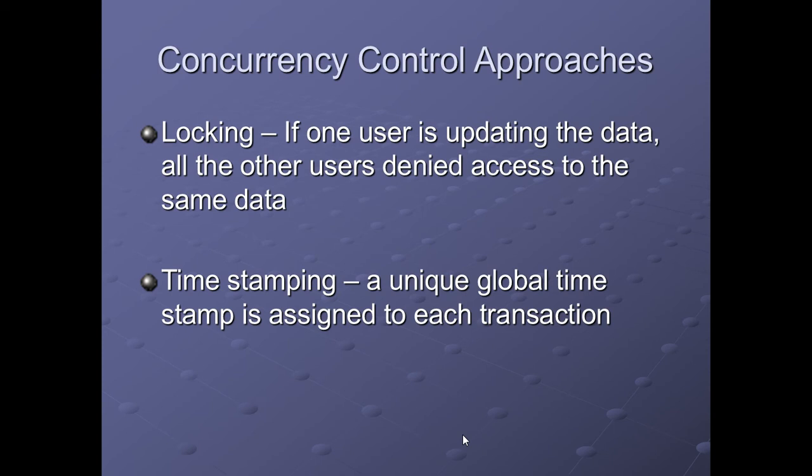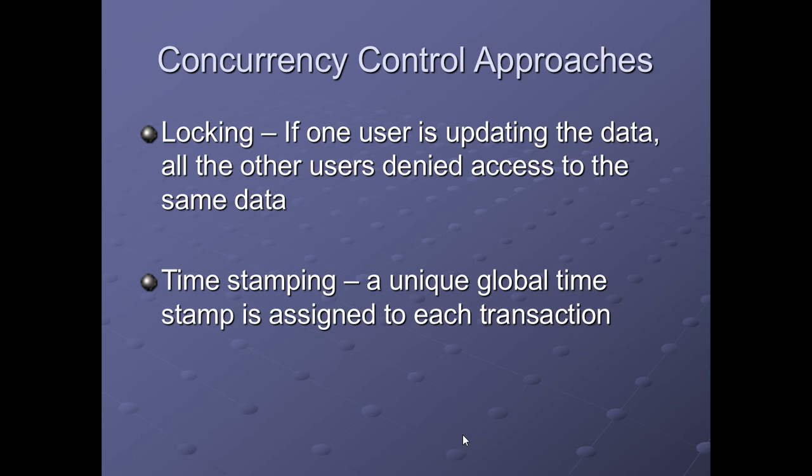So when someone is updating or writing to the database, the DBMS, the database management system, should deny access. When you want to make a change to the same data, the first user has to complete his process first. Otherwise, we could lose data in that process.